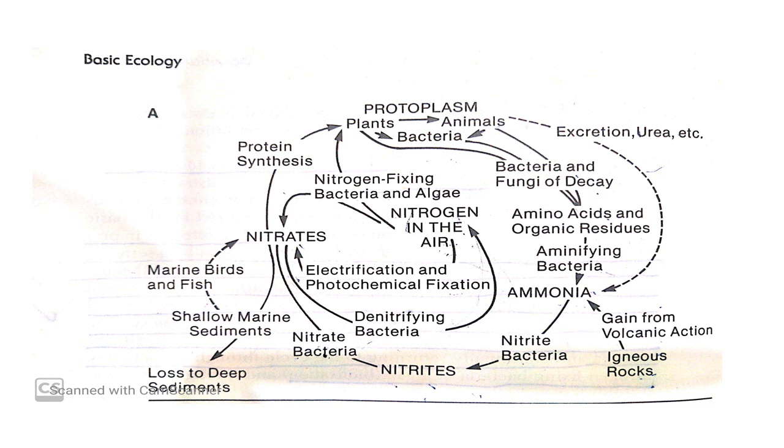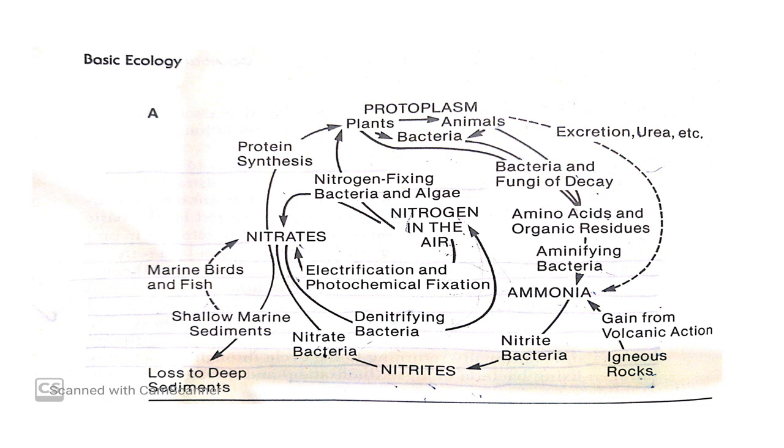As we have studied in the previous slide, there is almost 80% nitrogen in the air, and that nitrogen becomes a part of the protoplasm with the help of nitrogen fixing bacteria and algae, and is taken up by the plants. Then the plants are eaten by animals, which excrete urea and fecal matter. Along with this, some of the animals die and decay in the soil.